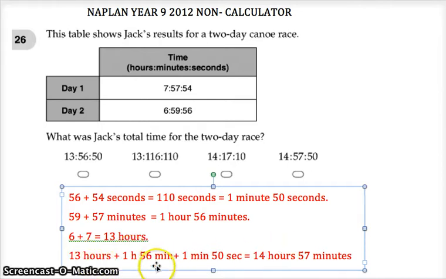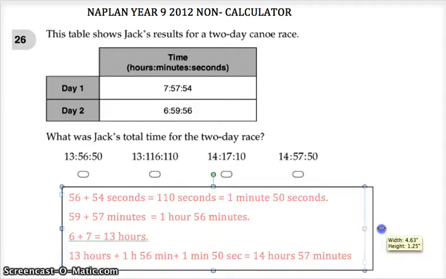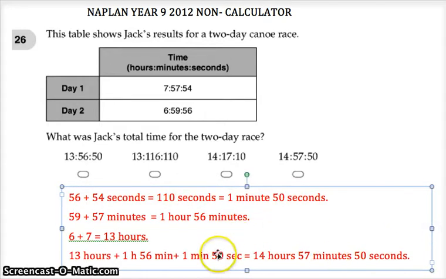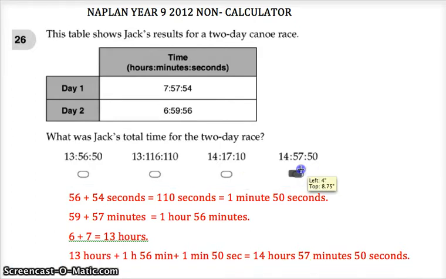If we add all the minutes together, we've got 56 minutes plus 1 minute, which is 57 minutes. And if we add all the seconds together, there's only this lot of seconds, which is 50 seconds. So our total is 14 hours, 57 minutes and 50 seconds.